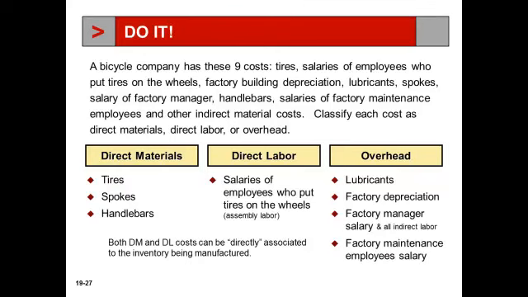Factory maintenance employee salaries are overhead costs. All indirect materials are overhead costs. For instance, you would consider a lubricant to be an indirect material cost. Manufacturing overhead costs are all indirect costs, contrasted with direct materials or direct labor.